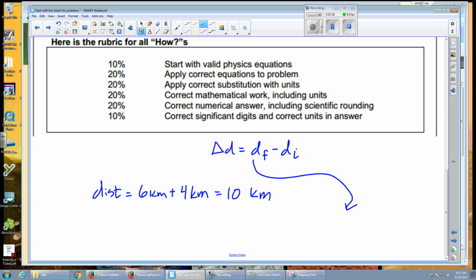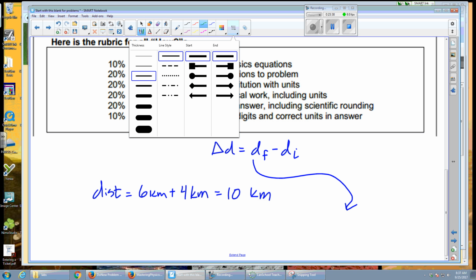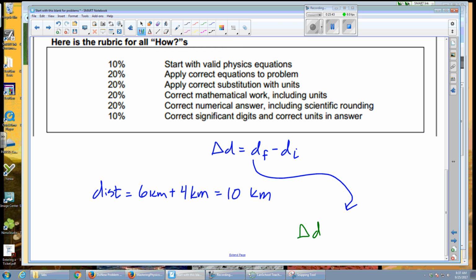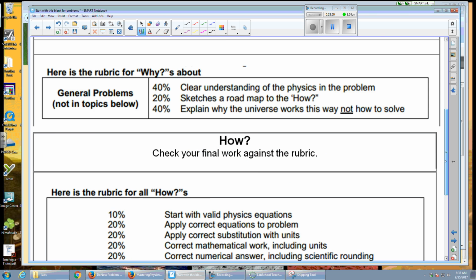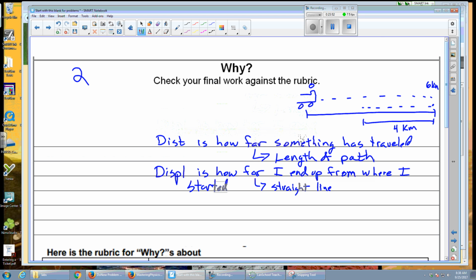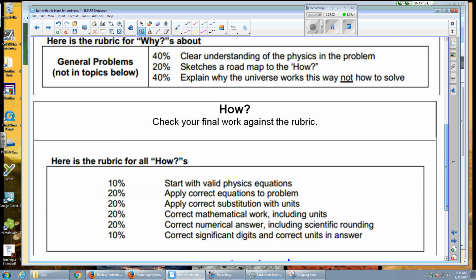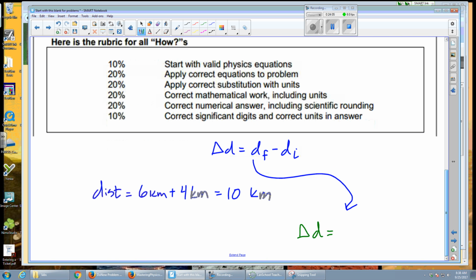Displacement, on the other hand, is where I end up. Let's look at my lovely little drawing. I ended up here at 2 kilometers, right? So I went out 6 and came back 4. So the position I end up at is 2 kilometers. The position I started at was 0 kilometers.